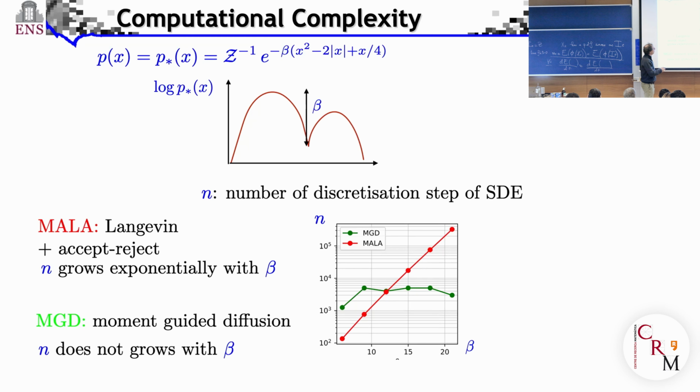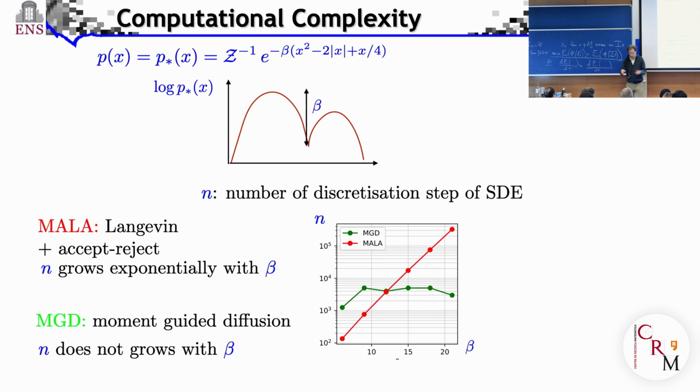So you can do the experiments with that kind of distribution, and you can count the number of steps of the Mallat algorithm, which is the equivalent of the Langevin algorithm, in order to converge with a fixed error, and the number of steps on a log scale is going to grow exponentially with beta.